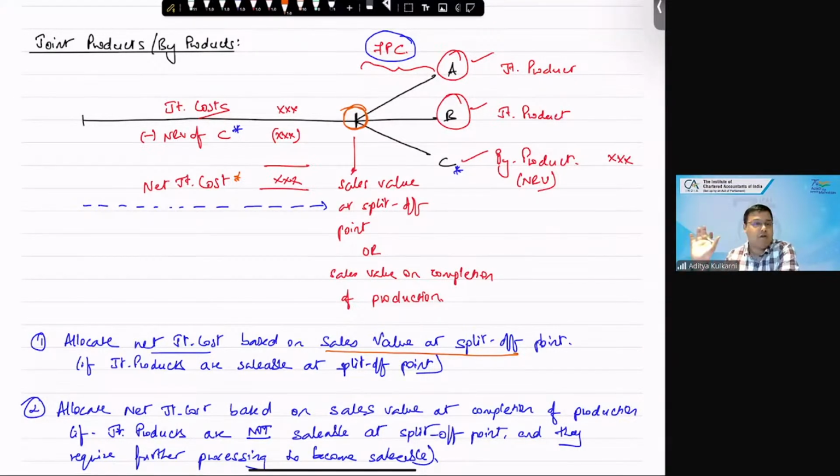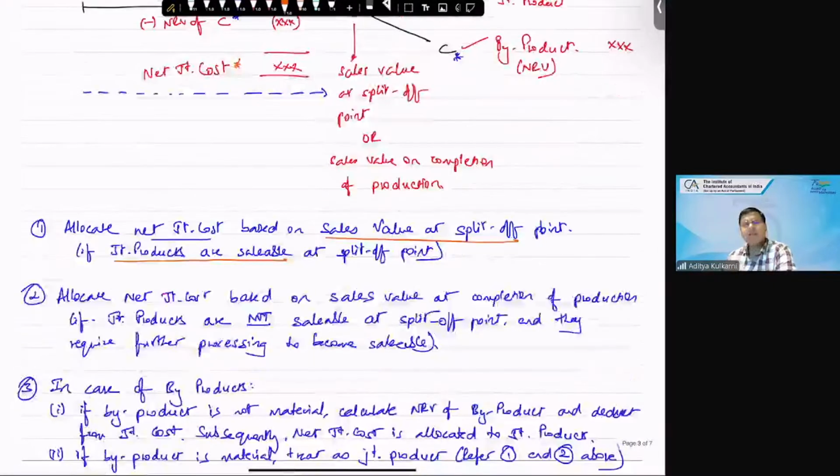This is the best method of doing. Whose selling price is higher at the split off point, that product is going to get higher cost. Whose selling price is lower, it will get lower cost. So sales value at split off point, provided my joint products are saleable at the split off point.